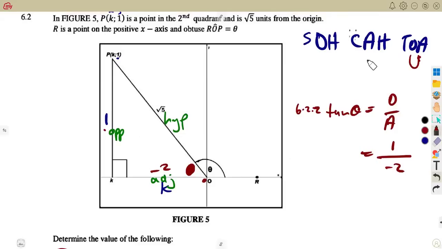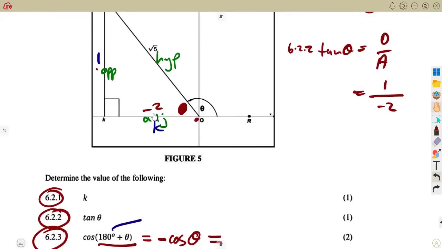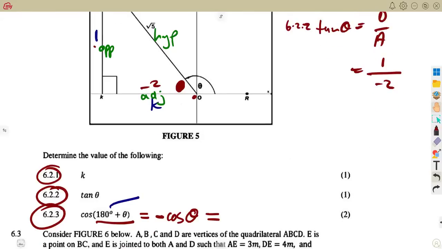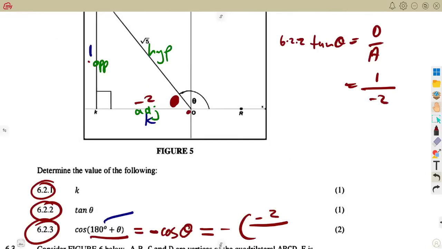Cos is adjacent over hypotenuse. So we need adjacent over the hypotenuse. What is our adjacent? So that's minus 2 over the hypotenuse. Adjacent over hypotenuse, which is the square root of 5. So the hypotenuse is the square root of 5 like this.